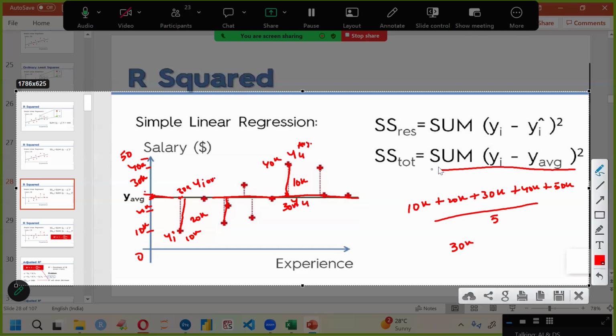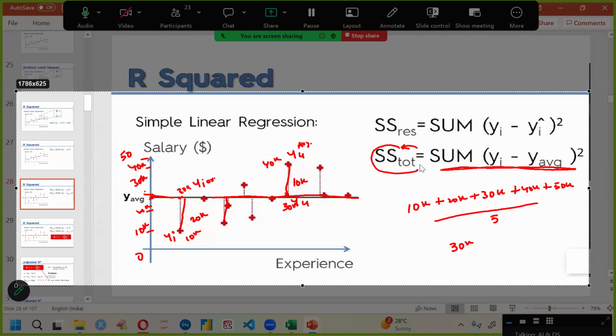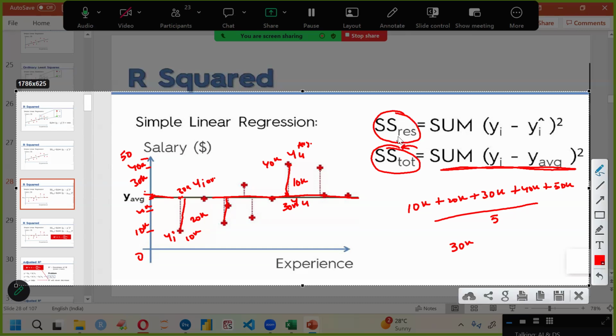So again I'm squaring the differences and summing them, and I'm calling this SS total, the SS total errors. So now I have two mathematically derived things: SS residual errors and SS total errors. This is again an error, considering the average errors. Two things I got: one is SS residual and another is SS total.